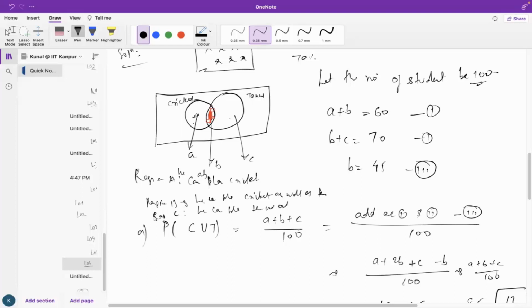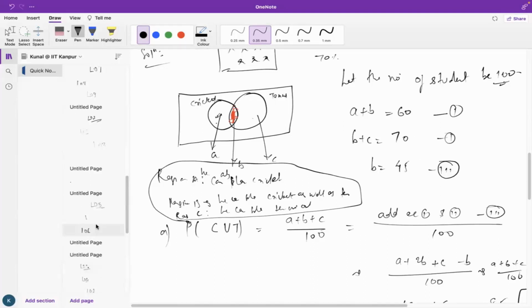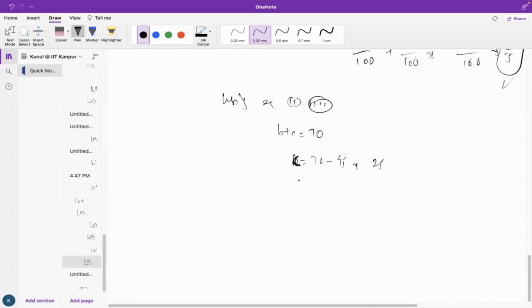So these are the things that you have to keep in mind. It is easily solvable by using a Venn diagram.